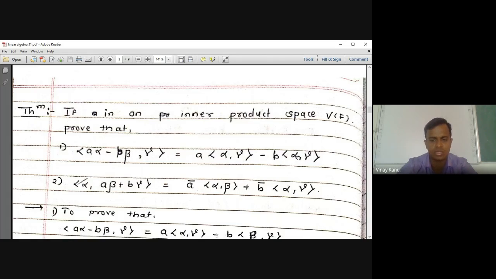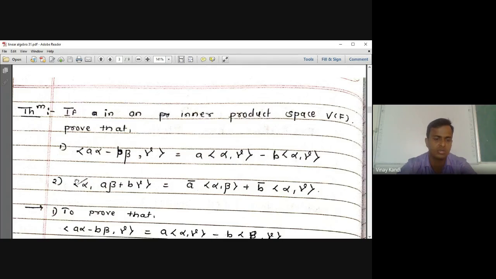So the first condition: the inner product of A alpha minus B beta, comma gamma, is equal to A into inner product of alpha gamma minus B into inner product of beta gamma.